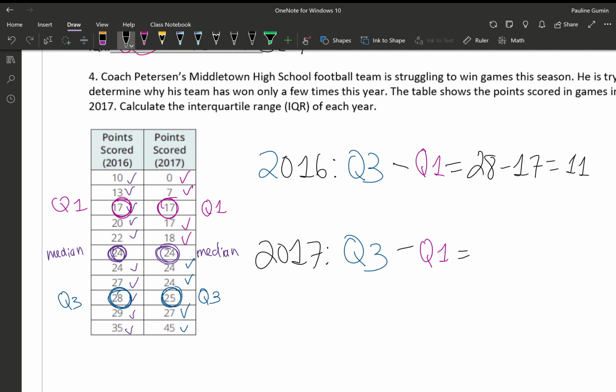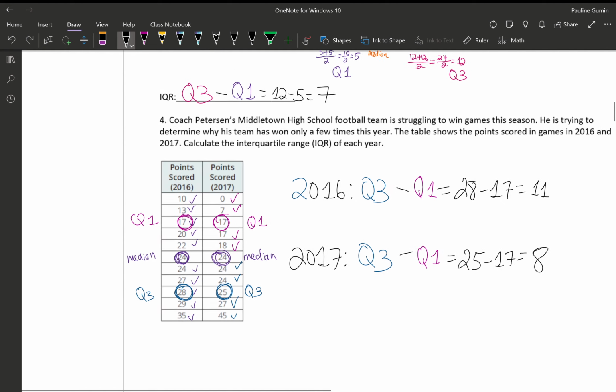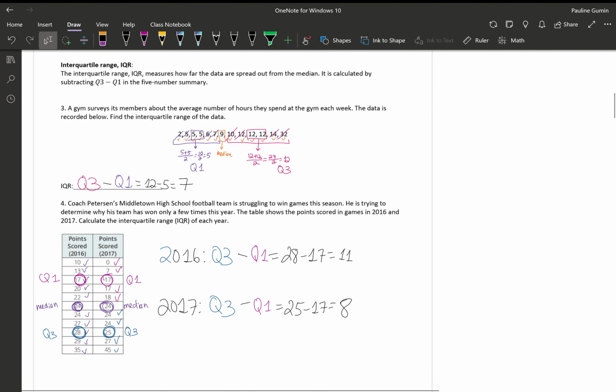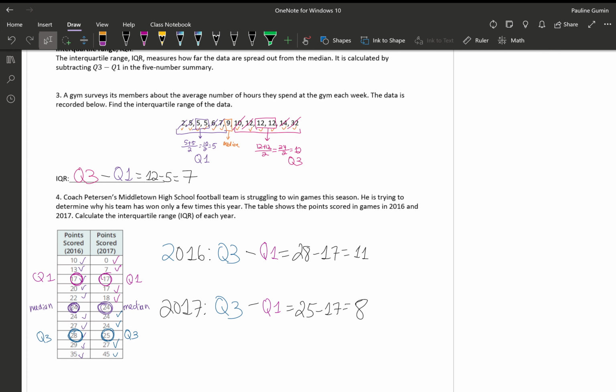For 2017, Q3 is 25, Q1 is 17, 25 minus 17 is 8. So 2017 had a smaller interquartile range. That means the data is not as spread out as it was in 2016.